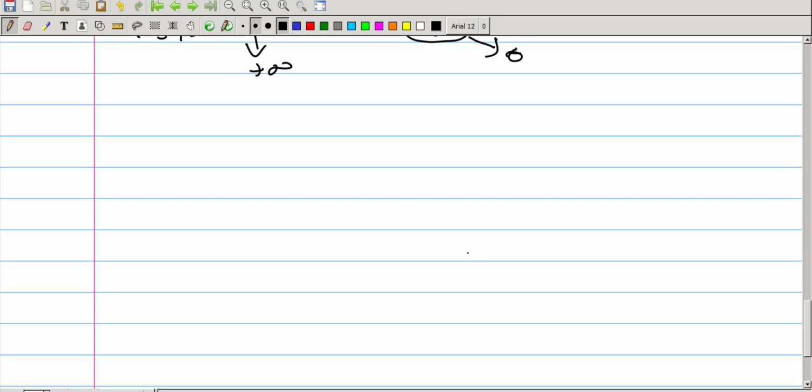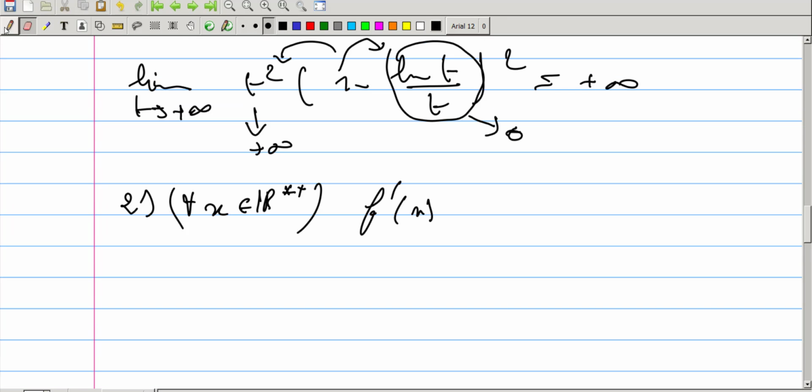Now we are going to calculate the derivative. So this is the next equation. As we said, we need to derive f.